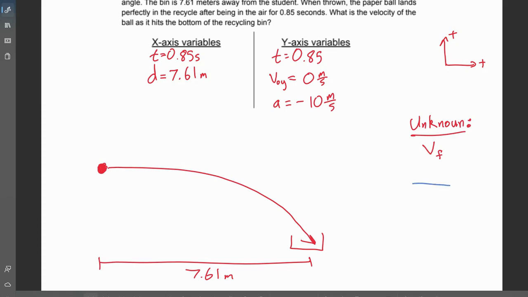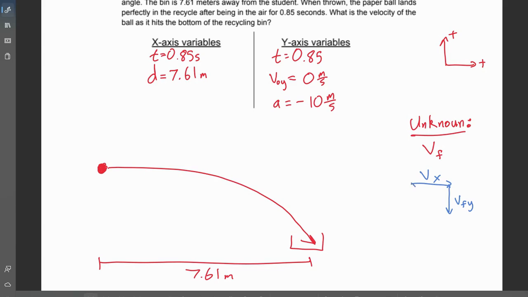There's the velocity in the x-axis, there's v final in the x-axis. But is it truly v final, or is it just velocity in the x-axis? Because there's no acceleration in the x-axis, so I'll just call it vx. And then here we have v final y. This is truly v final in the y-axis because we have an initial and we have a final.